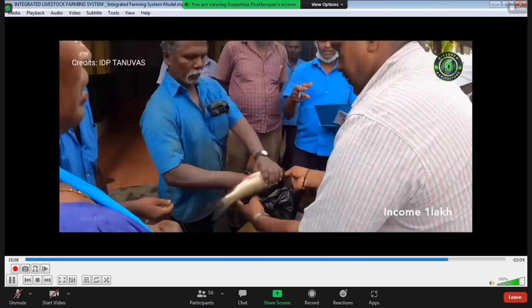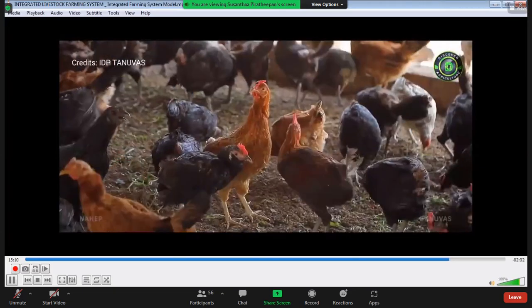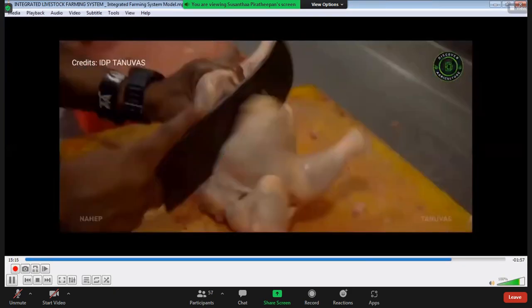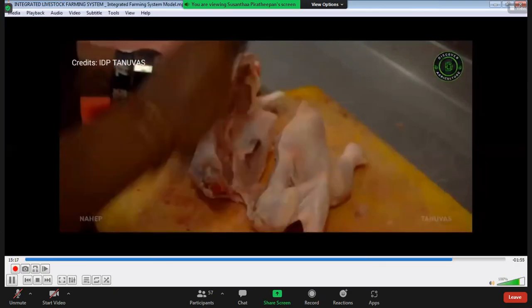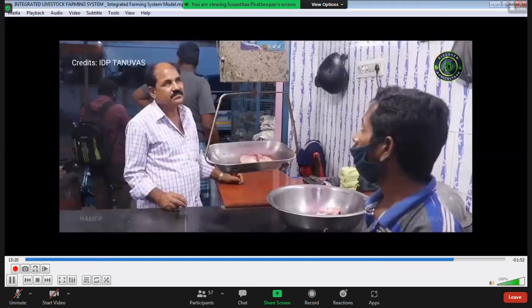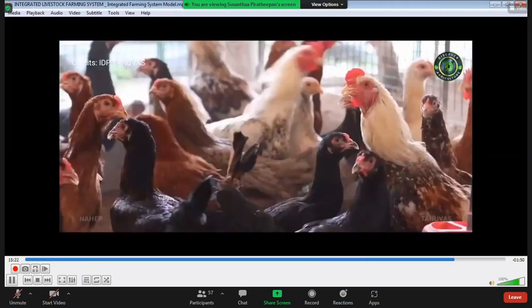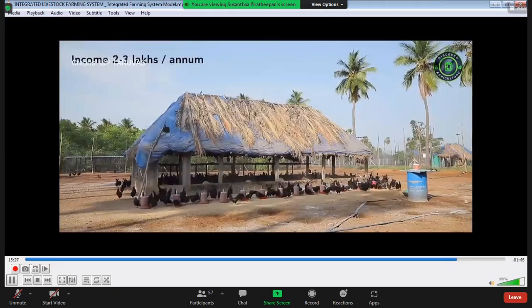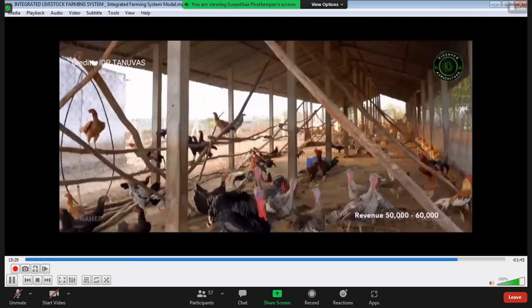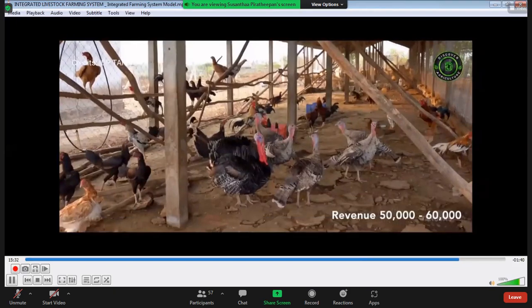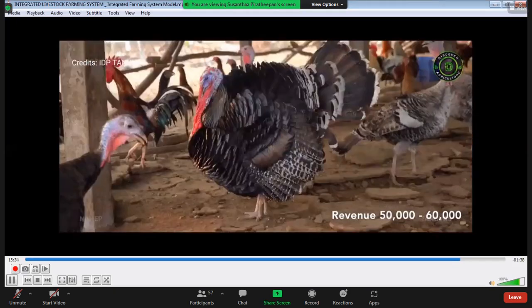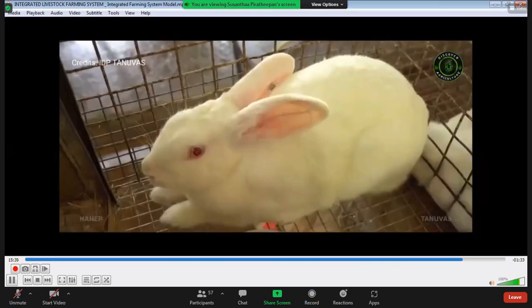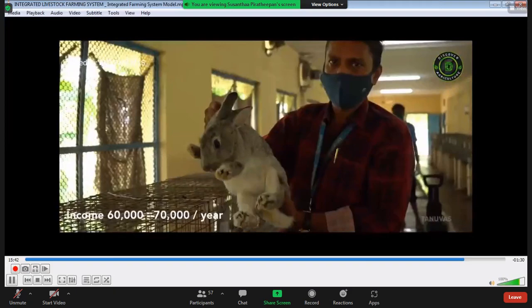By rearing 500 desi chickens, 30 to 40,000 eggs and 600 kgs of poultry meat can be produced every year and sold in the local market. The revenue generated from backyard poultry will be 2 to 3 lakhs per annum. Further, revenue of 50,000 to 60,000 rupees may be obtained from sale of turkeys and Japanese quails. The rabbit unit will also generate revenue of 60,000 to 70,000 rupees per year.